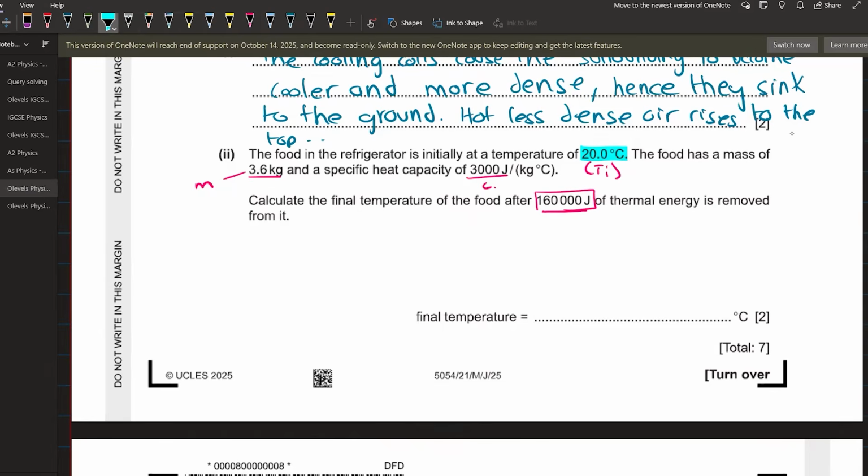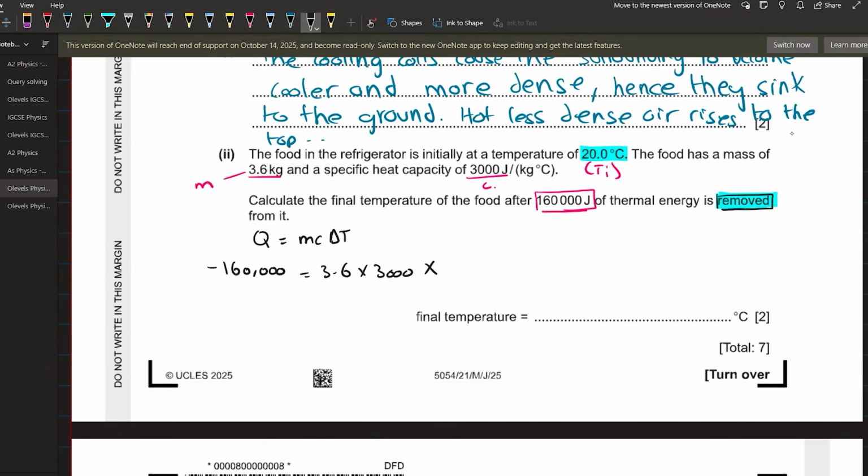But can you realize this is the heat removed? जब भी आपकी हीट रिमूव हो रही है या हीट इजेक्ट हो रही है, you will write that with a negative sign. You will say Q is equals to mc delta T. When you write 160,000, you will write it with a negative sign. Sir, why? Because बेटा यहाँ पे लिखा हुआ है एनर्जी इज रिमूव्ड, इस वजह से यहाँ पे नेगेटिव साइन आ गया. मास क्या है 3.6, स्पेसिफिक हीट कैपेसिटी क्या है 3000.